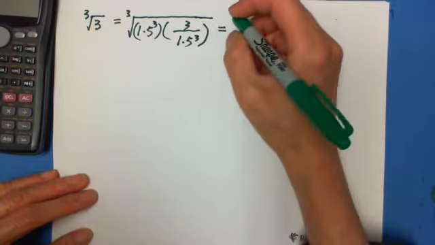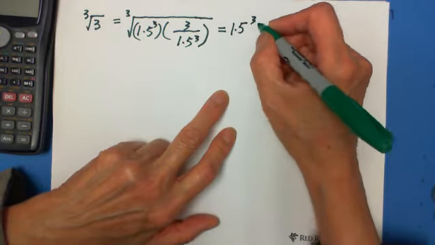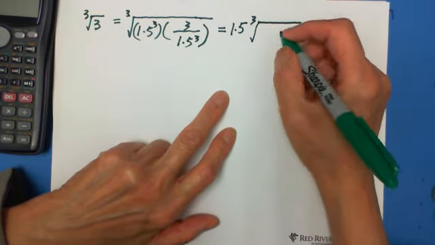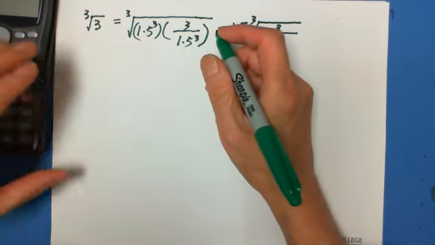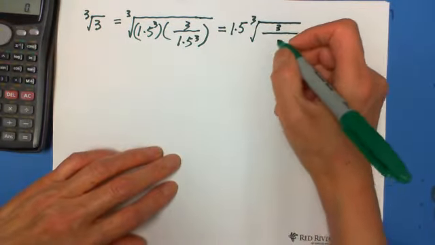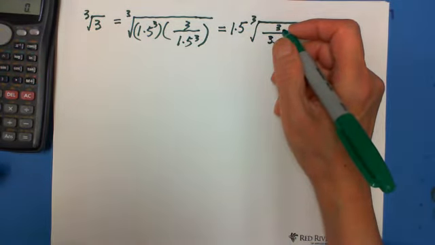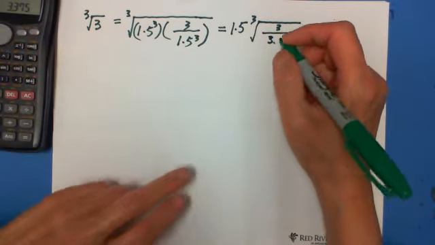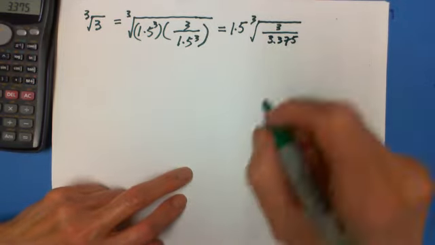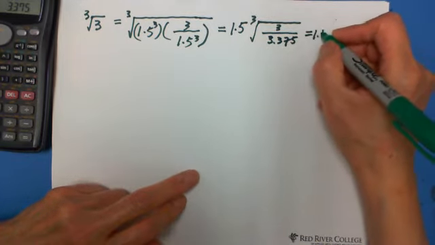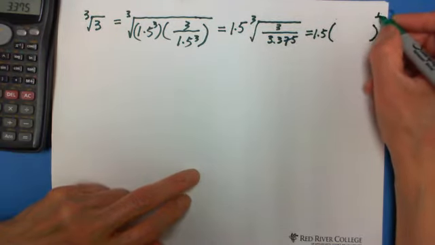After the cube root, we got 1.5, and inside is the cube root of 3 over 1.5 cubed. Let's try 1.5 to the cube, which equals 3.375. That's why we can write 1.5 multiplied by a binomial to the 1/3 exponent.